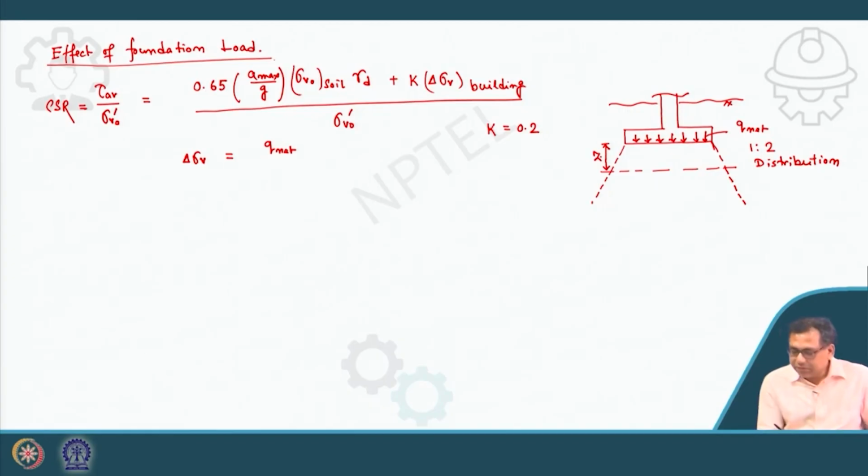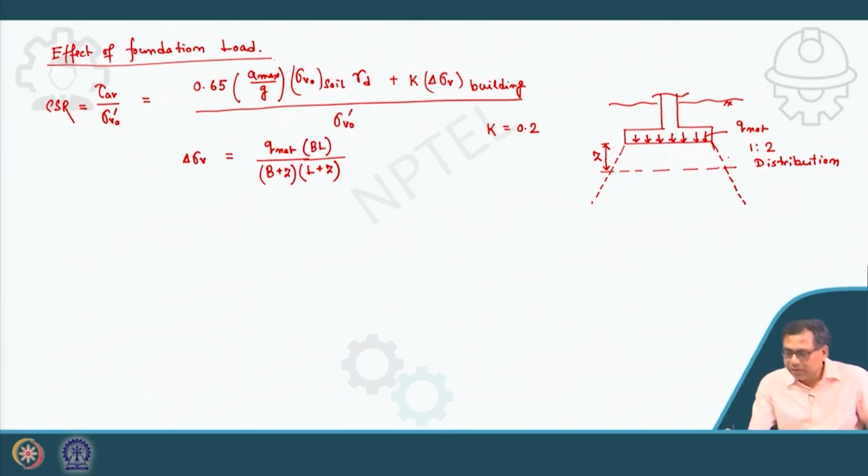Q net is acting at the base, so this will be Q net into B L, and if it is a rectangular footing, it will be B plus Z into L plus Z. If vertical is Z, horizontal will be Z by 2, and here also the horizontal length will be Z by 2.